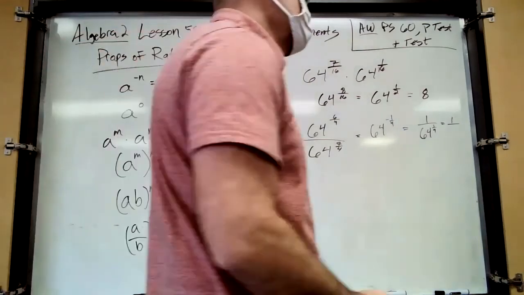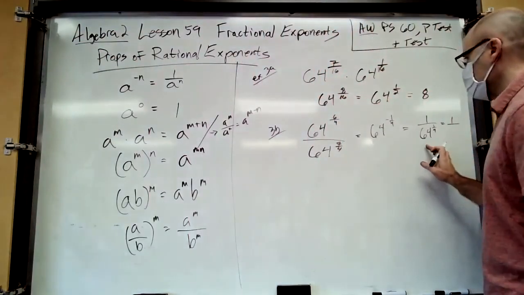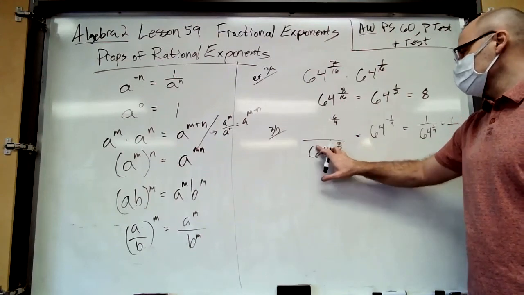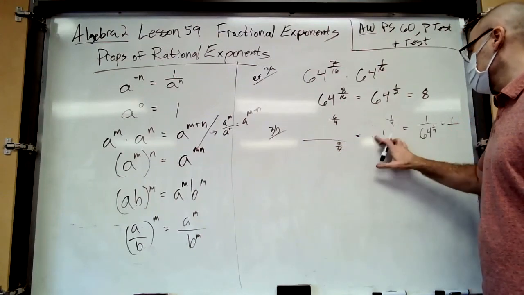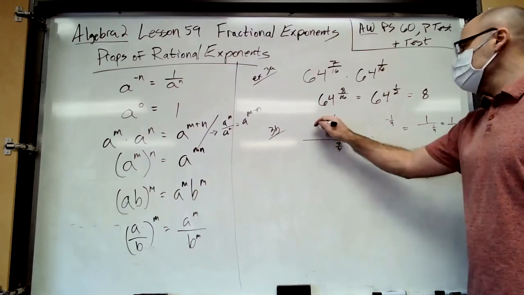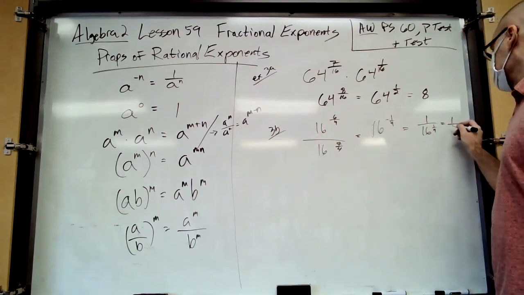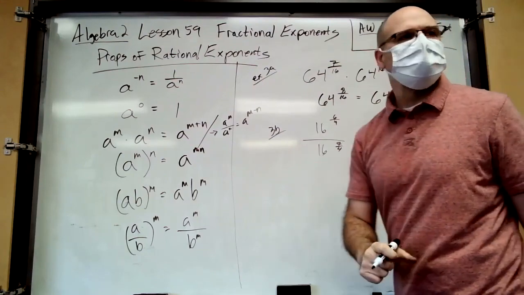It would have helped if I wrote the problem right. So this is 16. It's not going to change much. But now we can take the fourth root of 16. What's the fourth root of 16? 2. So your answer is 1/2.